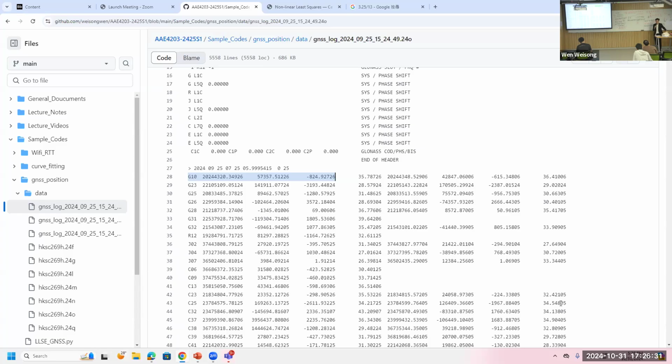It's very accurate. For example, you need at least 4 satellites, because you have 4 equations to solve it. So this is the velocity calculation based on the Doppler measurement.